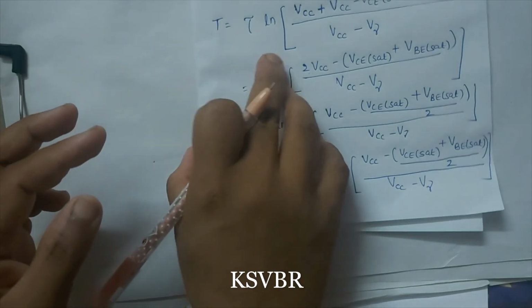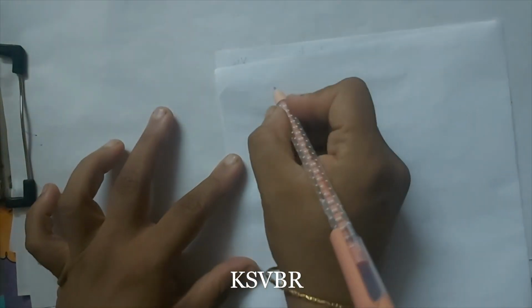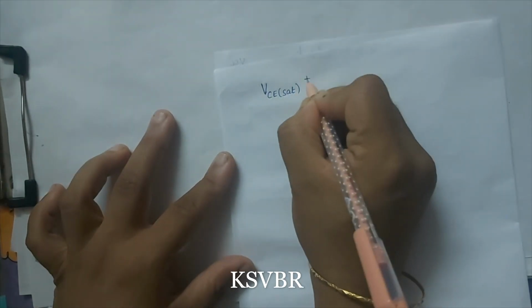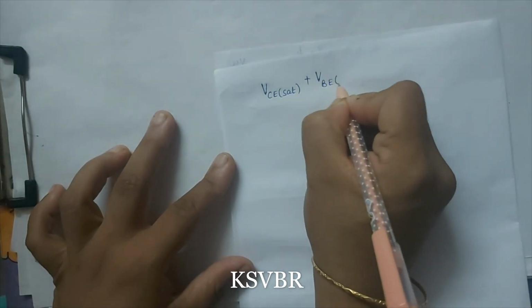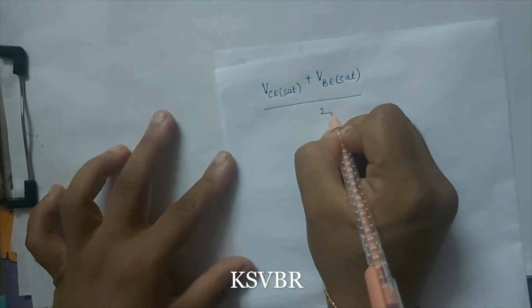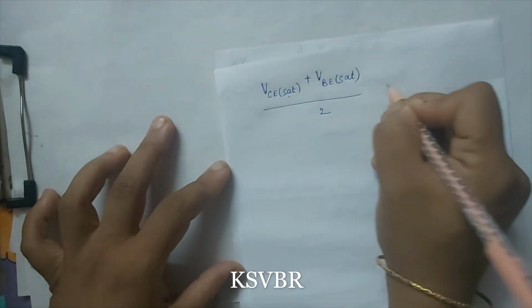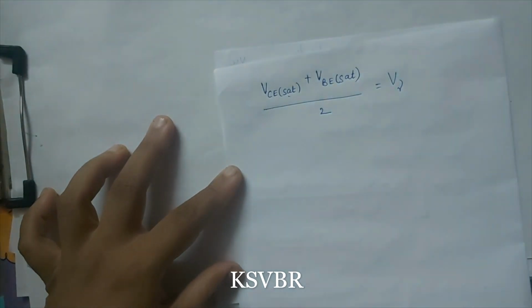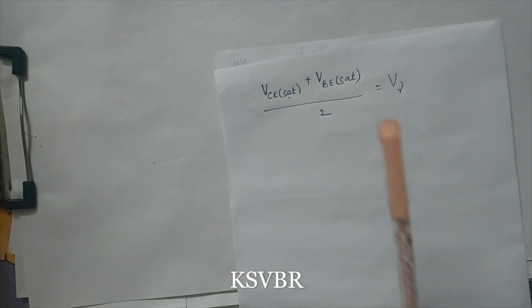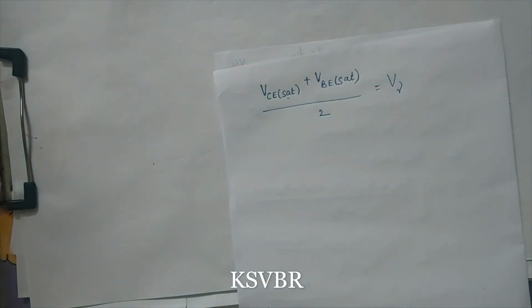But what about VCE saturation plus VBE saturation by 2? It is nothing but our V gamma, that is our cut-in voltage. If we substitute the cut-in voltage by the saturation voltages for a transistor, the average of the values is equal to the cut-in voltage.